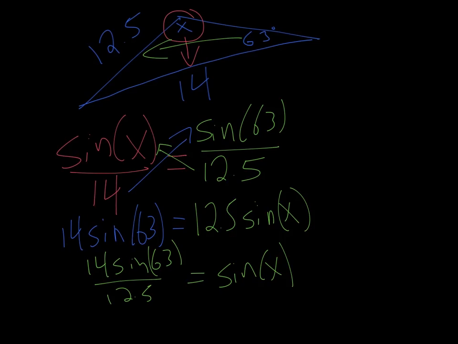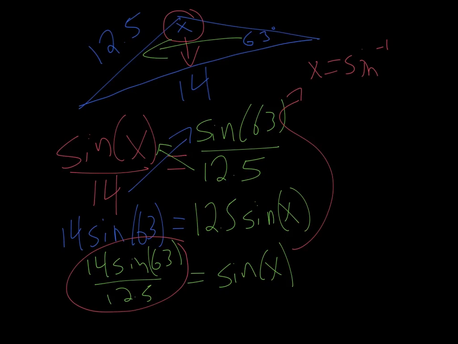Now, much like when we were doing right triangle trigonometry, we can apply the same idea here. I know what sine of x is, but to undo the sine, I have to apply the inverse. So, if this is the sine of x, then x has to be equal to the sine inverse of 14 sine of 63, all divided by 12.5.